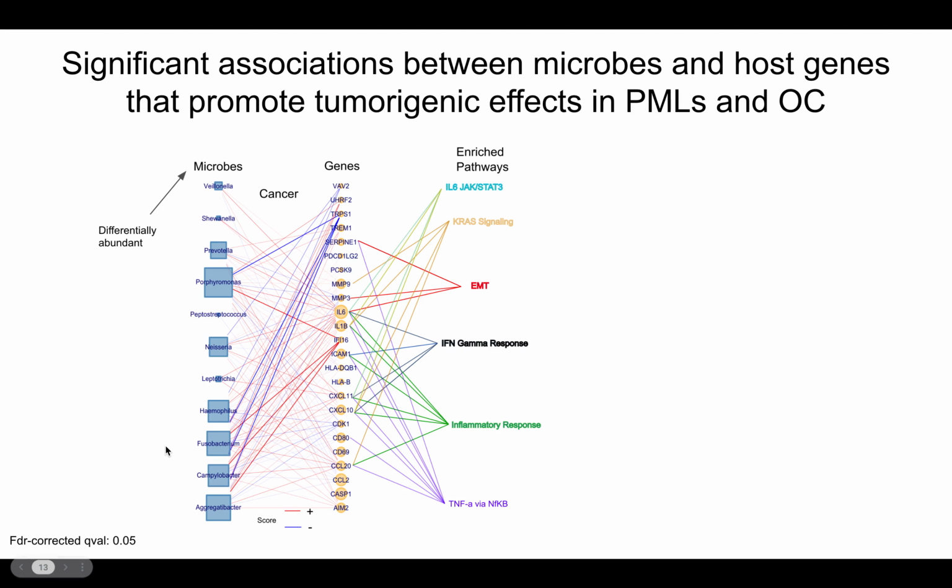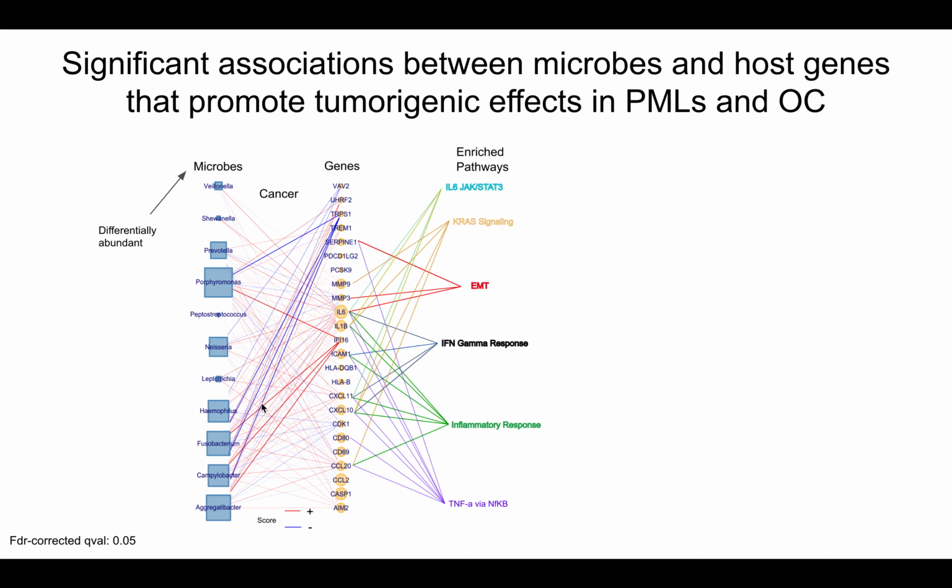So for this, we considered the microbes. For example, this is with the cancer group, so you would do differential analysis comparing cancer to the control group, and the microbes which come out as differentially abundant can be used to check for enrichment of some of these genes, and that is what we see here.